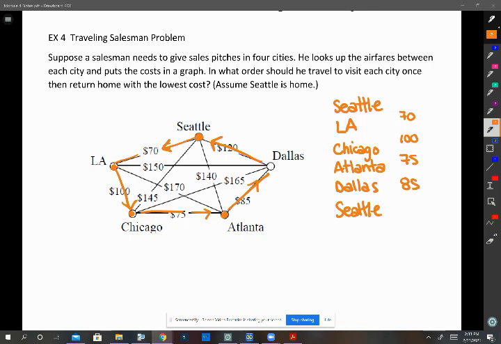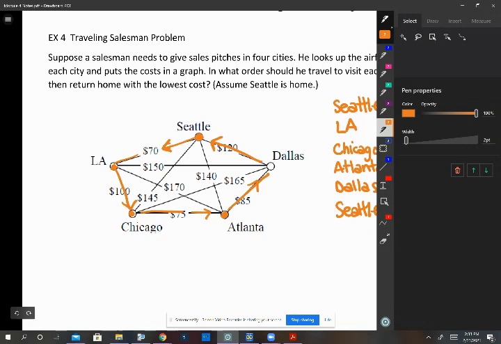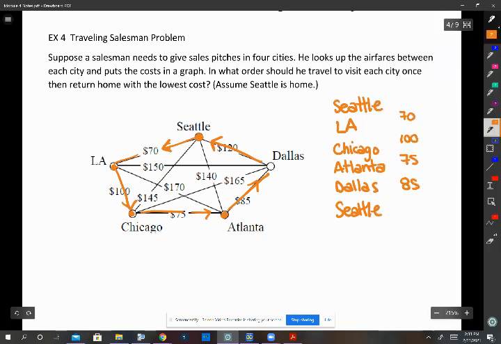So at the end of the last video, we were just finishing up this problem, and we talked about how the cheapest path was to go from Seattle to LA, and then to Chicago, to Atlanta, to Dallas, and then back to Seattle.